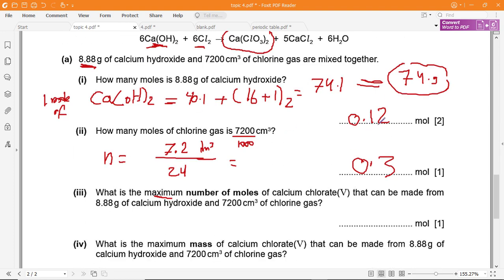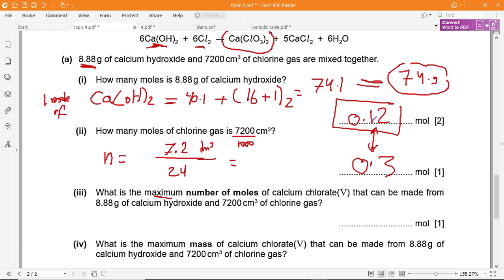And second of all, we should compare the number of moles we already got. So see, guys, this is 0.12, this is calcium hydroxide. And the number of moles here of chlorine is 0.3. Which one is smaller? Of course, this is 0.12. So guys, there is something called the limiting reactant, which is the reactant that controls the stoichiometry because its amount is less than the second one.